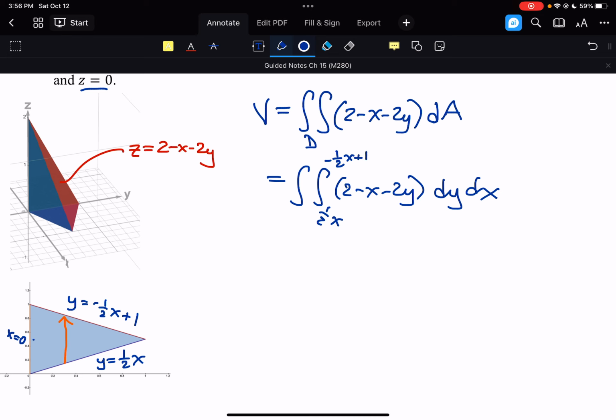And then x is bounded from 0, we saw that one, up to whatever this value is. And again, don't necessarily assume that we have the graph and access to that. But if we set these equal to each other, we end up getting x equals 1. So we get a 1 out of there.